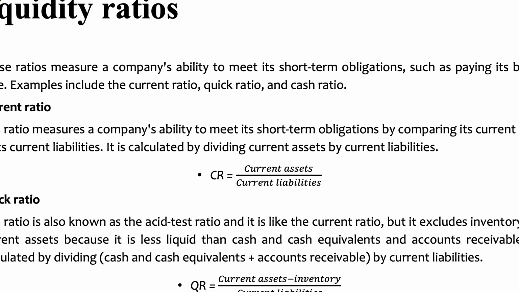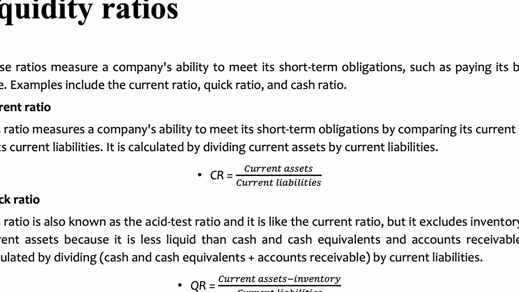So the formula is current assets over current liabilities. If the current assets are higher than the current liabilities, then it means the current ratio is good. If it is lower, it means the company has no current assets to meet its current liabilities. So in most cases, the current ratio must be 1 or greater.